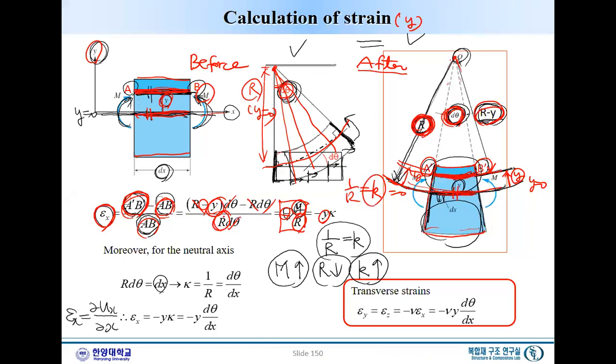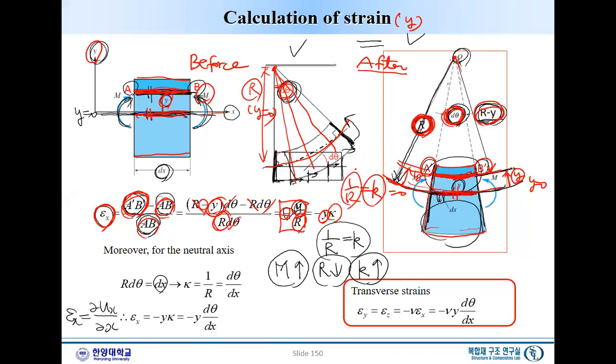So this way we can see that curvature is related to a moment. But anyhow, this is the final observation in deformation: minus y times curvature, or minus y over R.